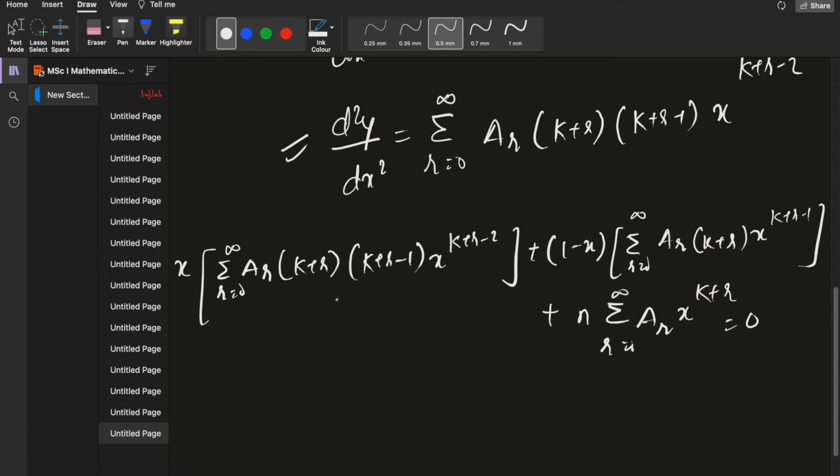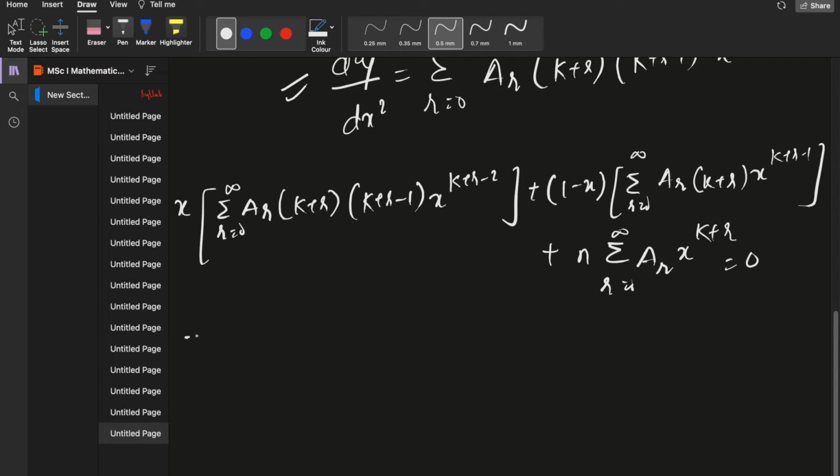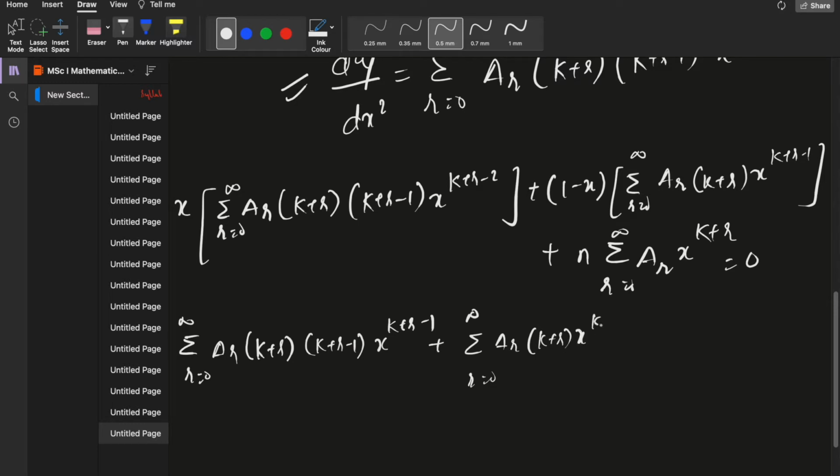Now multiply x inside. This gives summation r tends to 0 to infinity ar (k plus r)(k plus r minus 1) x to the power k plus r minus 1, since we have multiplied x to this term. Then multiply 1 inside, which gives summation ar (k plus r) x to the power k plus r minus 1.